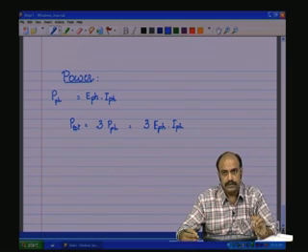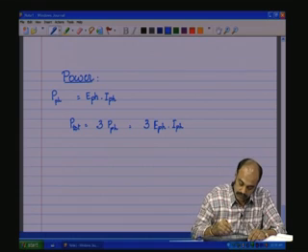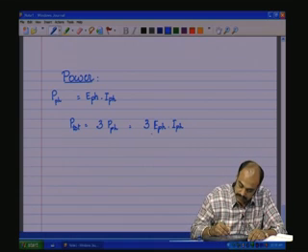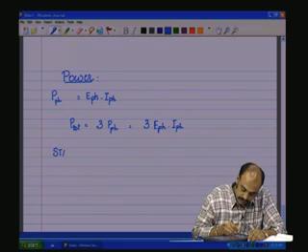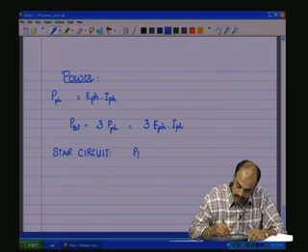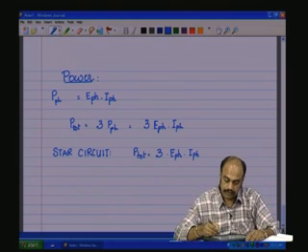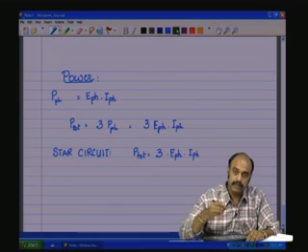Normally, we express the power in terms of the line parameters. So, if we have to express it in terms of the line parameters, so let us say we first take the star circuit. We know that P total is equal to 3 times E phase into I phase. So, in the case of the star circuit, what is the relationship that we use?